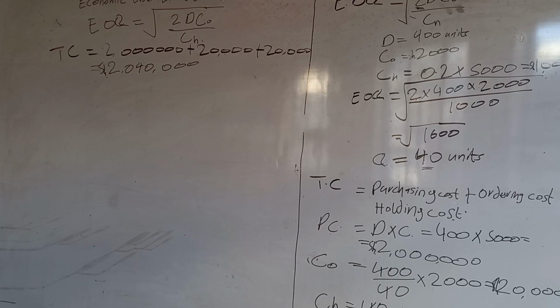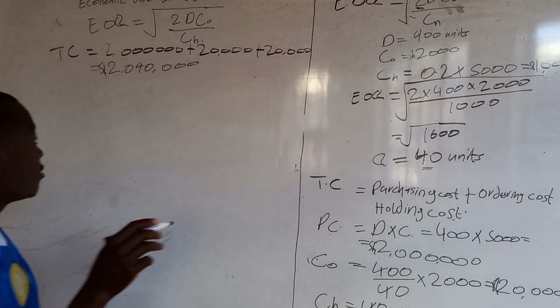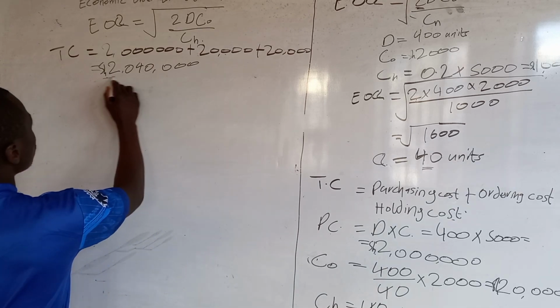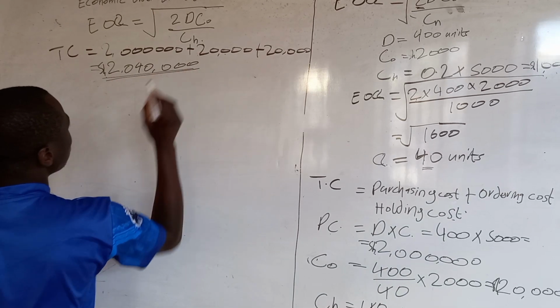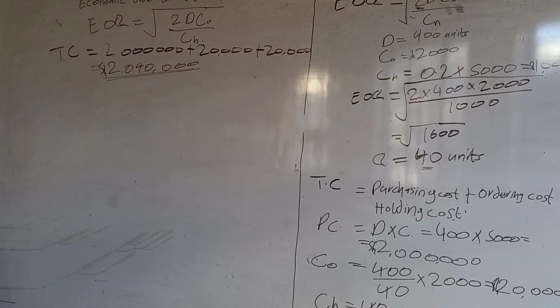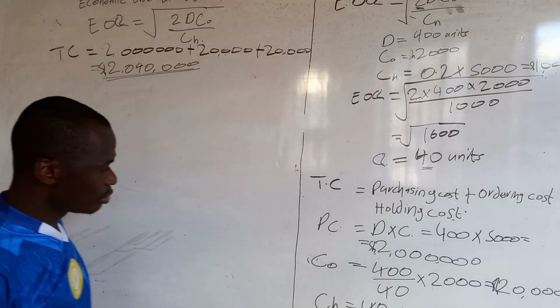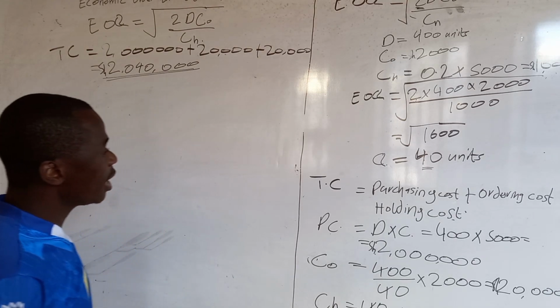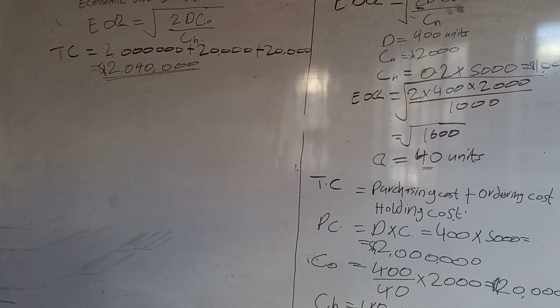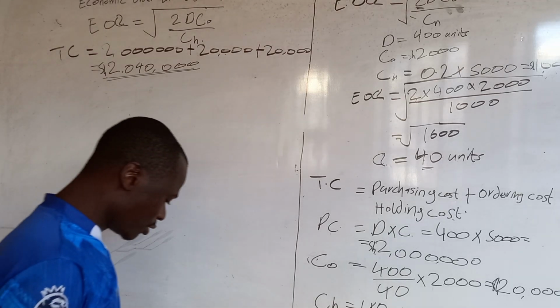So if we are using the EOQ, economic order quantity, without the discount, this will be the total cost of our store, or the total cost of our item at the end of the year. Now, we have been given a discount.